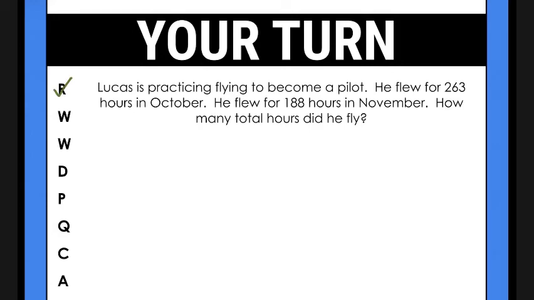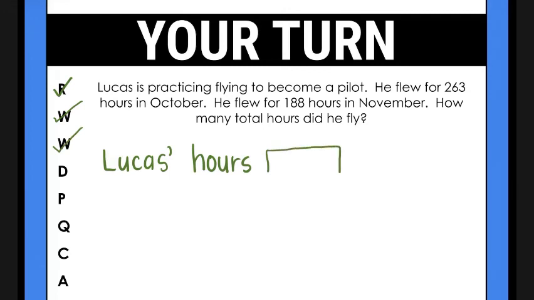So our who is Lucas. And then our what would be his hours. Now let's draw the unit bar. And our next step is to plug in information. Lucas is practicing flying to become a pilot.